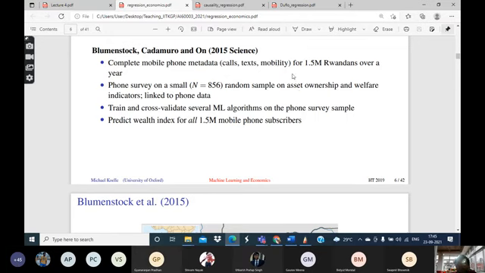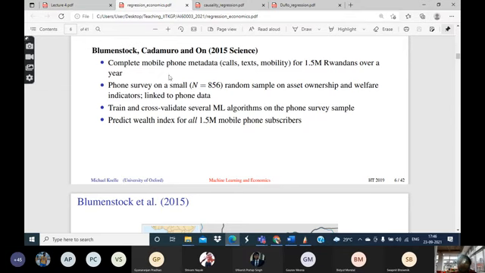So for any Rwandan person i, we are interested in measuring y_i, their economic condition. We are unable to measure that directly, so we access their mobile call records, various metadata related to their mobile phone. Let's call that z_i, and our assumption is that there exists a function f such that y_i is equal to f of z_i. But I do not know what the function f is.